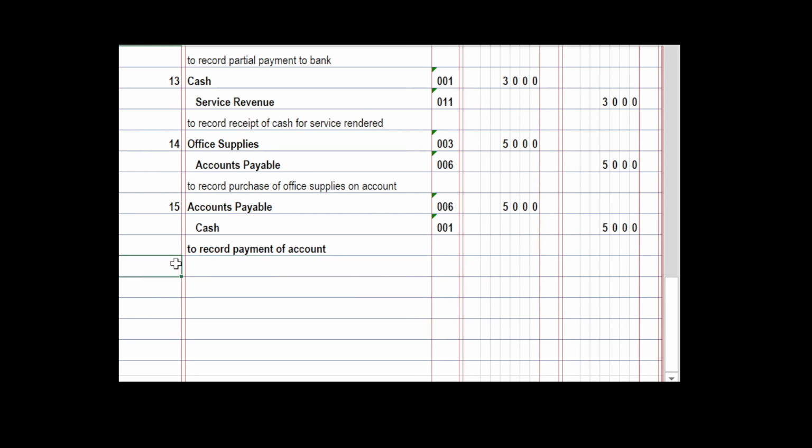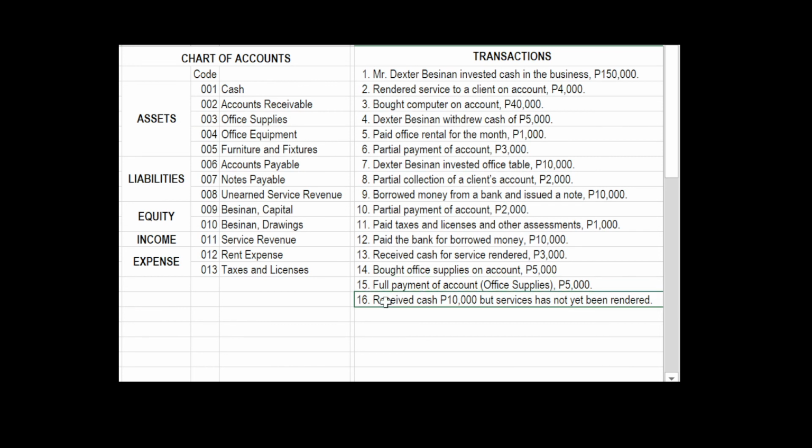Okay. Lastly, received cash 10,000 but services has not yet been rendered. So, naka-receive tayo ng cash pero hindi pa tayo nakapag-render ng service. Ibig sabihin nun, utang pa natin yung service.